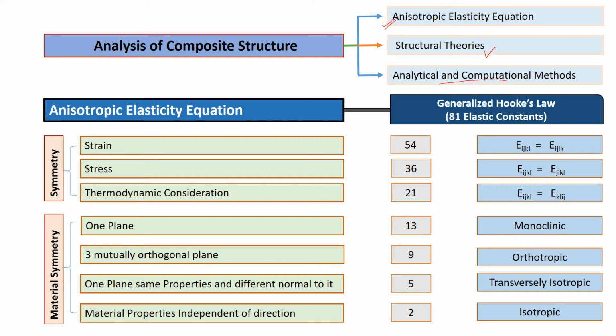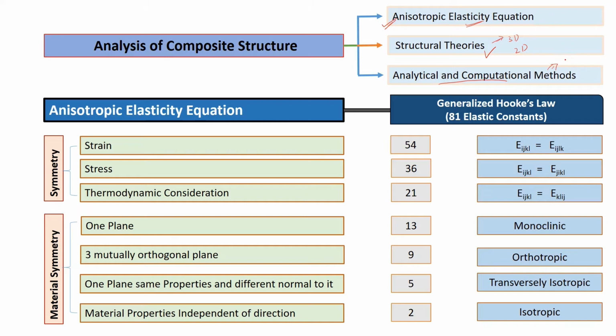So we should know the anisotropic elasticity equation. We have to be aware of it, and we will see how we develop it. Then the structural theories: what are the different structural theories we apply? Whether we are using the 3-dimensional theory or 2-dimensional theory, or equivalent single layer or discrete layer theories. We will see about it. And then after that, the analytical and computational methods.